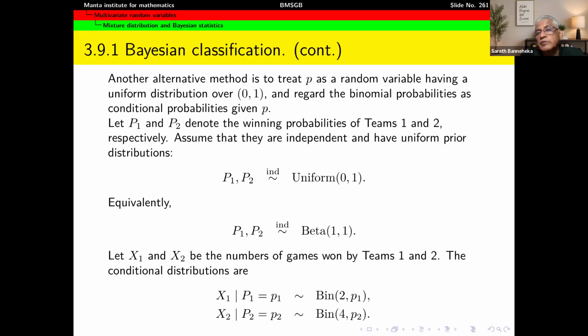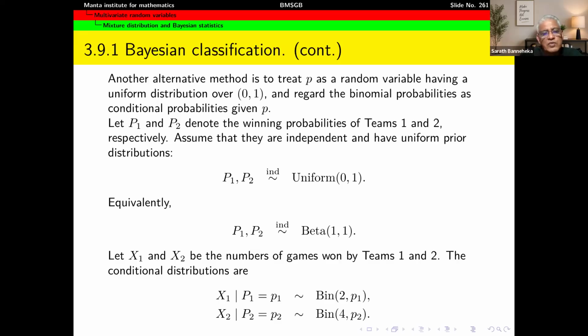And in the previous example, we talked about the conjugate distribution, right? We showed that beta distribution is the conjugate distribution of the binomial likelihood, right? When you have a binomial likelihood, the conjugate distribution that you use as the prior is the beta distribution usually, right?